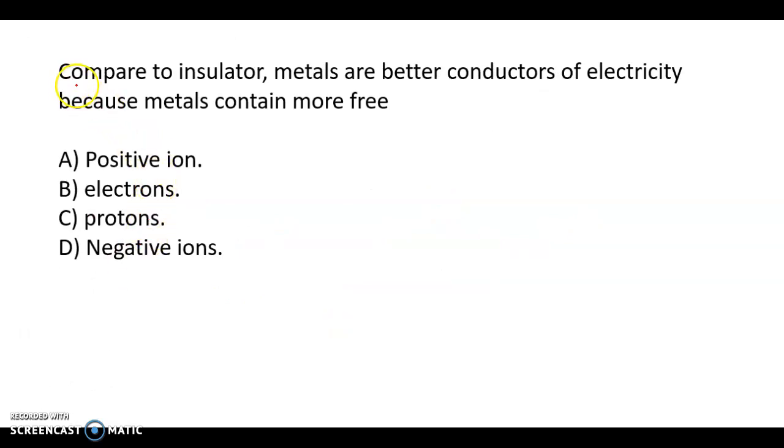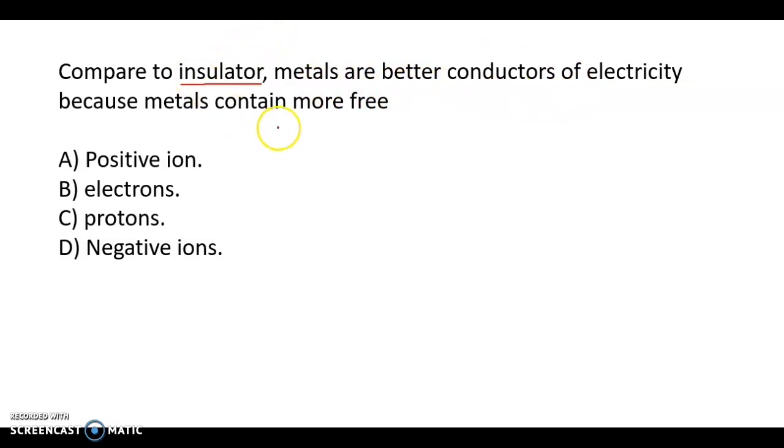Another question we have here: compared to an insulator, metal does not allow any charge to pass through, or allows only a tiny amount of charge to pass through. It does not always prevent charge from passing through. Metals are better conductors of electricity. Why are metals better conductors of electricity compared to an insulator?